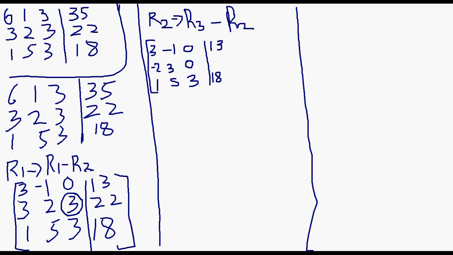And then 18 minus 22 is giving us -4. Okay, Rejoice. We've successfully changed it to 0. So now our aim is here. Our aim is this side.